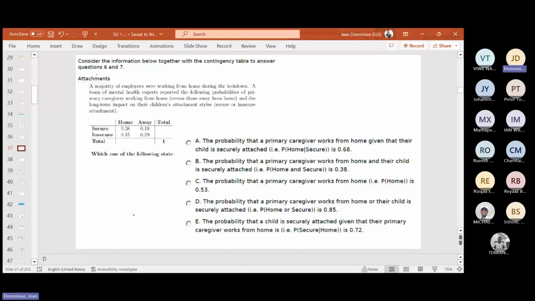Okay, so they tell us that the majority of employees were working from home during lockdown. A team of mental health experts reported the following probabilities.